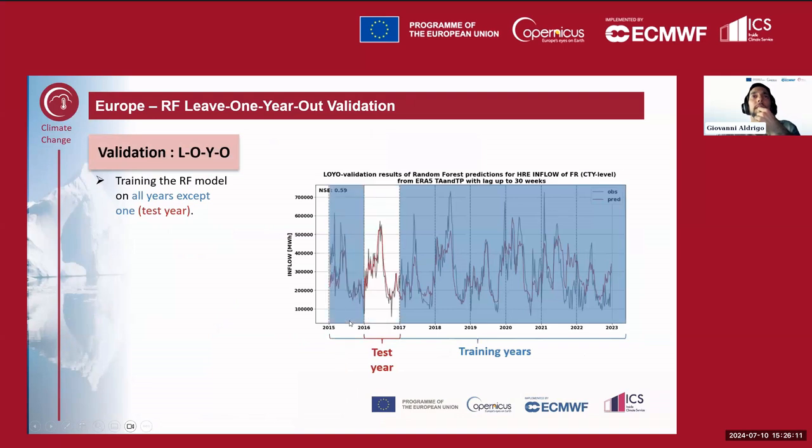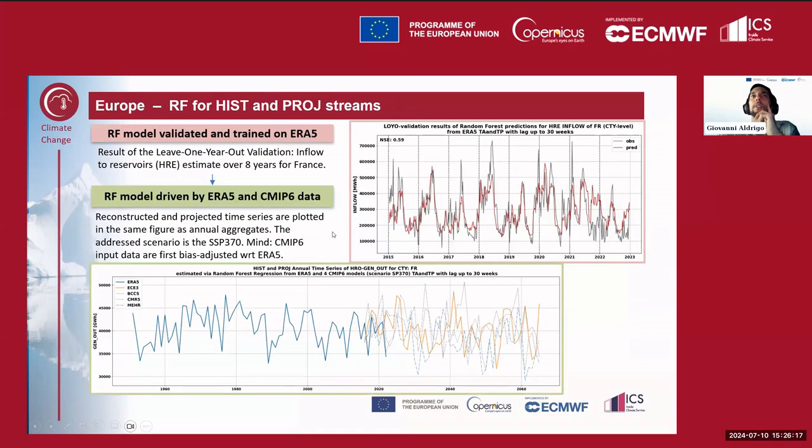And we're doing the same then for year 2, year 3, and so on until we have an estimate for the entire time series. So at this point, for example, we see for France reservoir, in red the estimation by the random forest model, and in gray the observed data from the transparency platform.